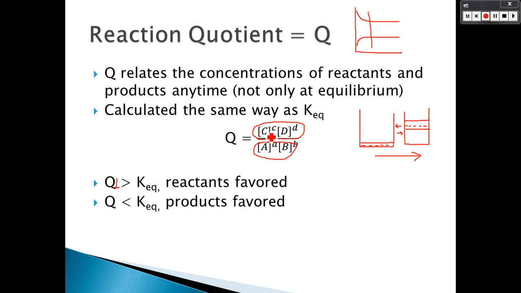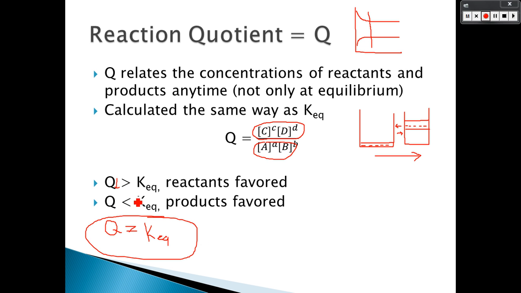Either way, in order to get them to be equal, at equilibrium, Q, let's actually write that in, at equilibrium, Q equals Keq. You can write that.